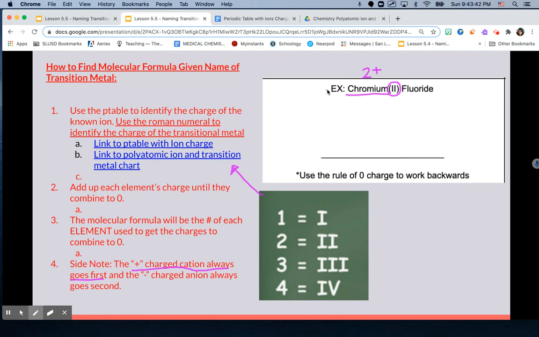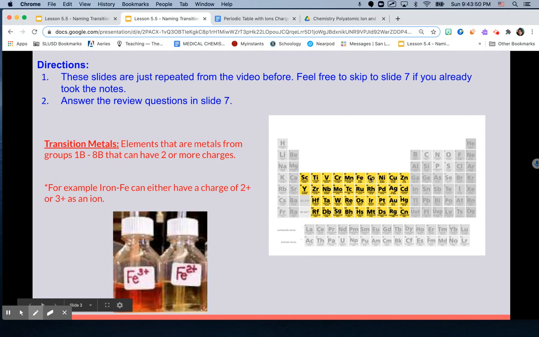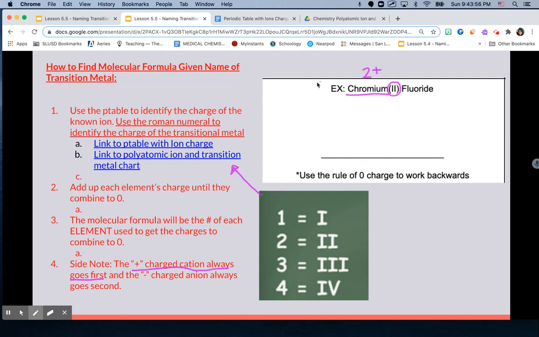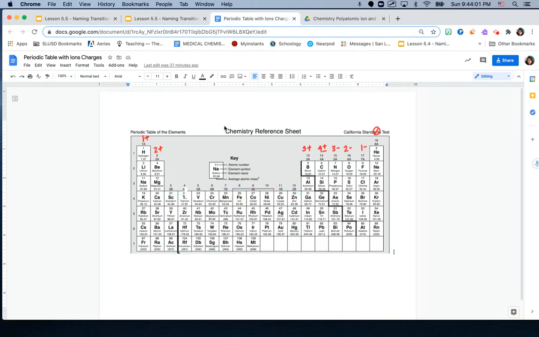Okay, so the next thing I need to do is figure out what the element symbol of chromium is. And remember from the previous slide that our transition metals are just in this section here. So what I can do is double check my periodic table, and if I click on it, I'm just going to look up this section in the middle right here for chromium.